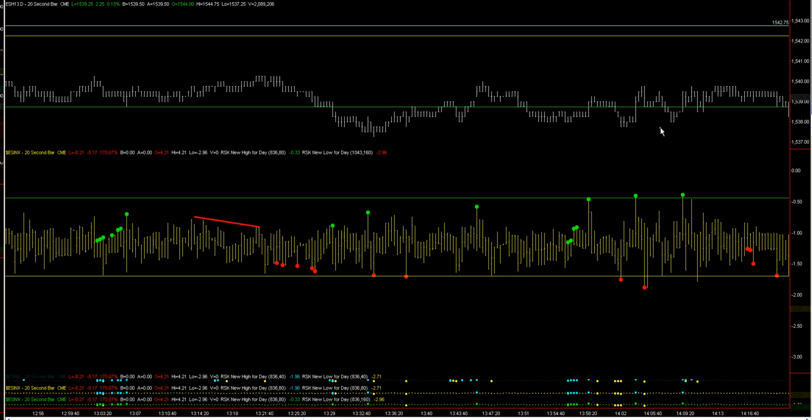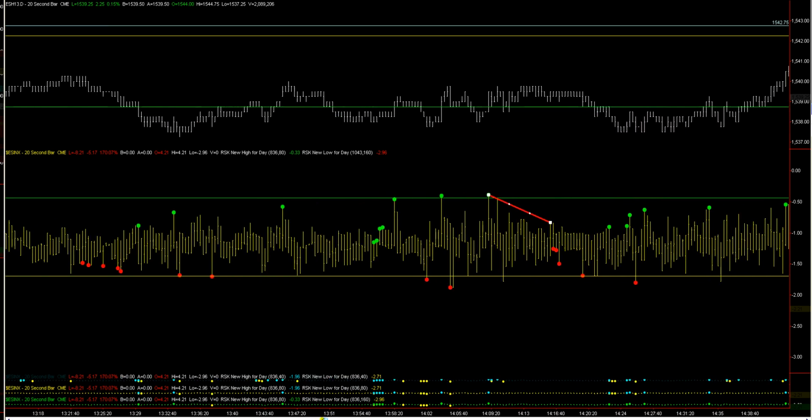But we have nothing suggesting where we're going to go if we drop. But right in here you can see, once again, a big divergence, slightly higher highs on the Spoos and big divergence. So shorting it right in here looks like that ought to make some sense.